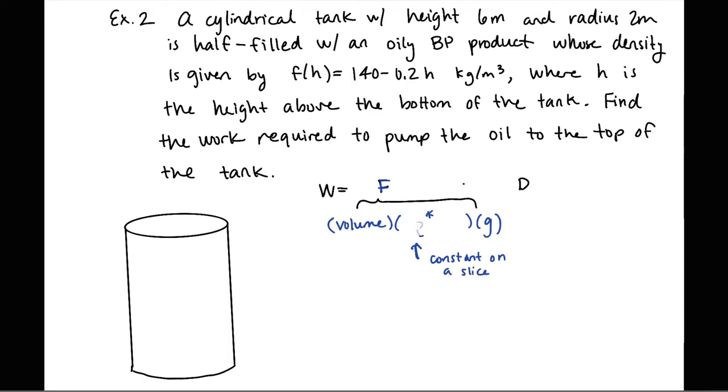I shouldn't use rho here because this problem uses F for some reason, so we'll just say density in words, okay, times the distance. Okay, and we're assuming gravity is 9.8 meters per second squared. This is the work for one, we'll call it slice of fluid.